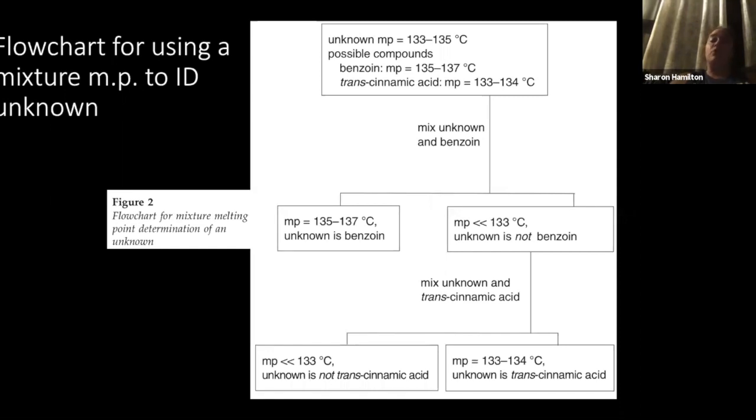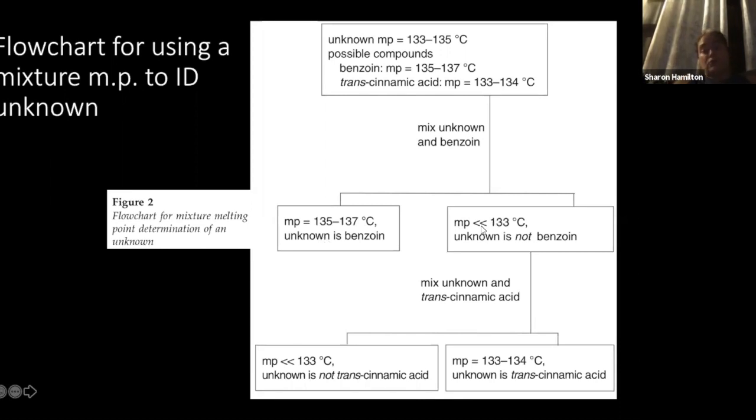If the melting point is much larger than 133 degrees C, then your unknown is not going to be benzoin. If the melting point of that mixture ends up between 135 and 137, which, if you refer back to the top, is the melting point of benzoin and also within your unknown melting point range, then your unknown would be identified as benzoin.